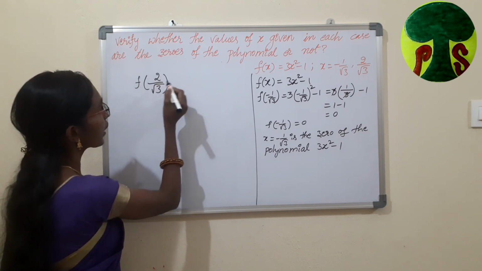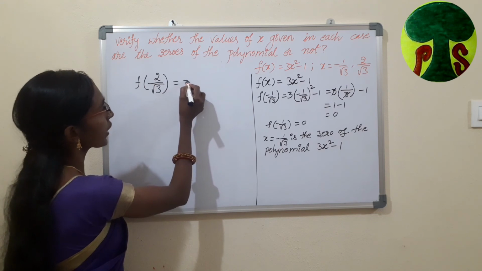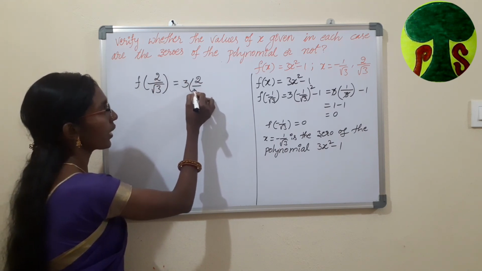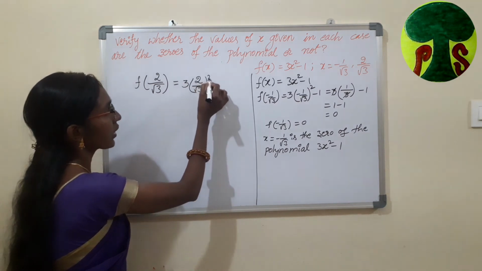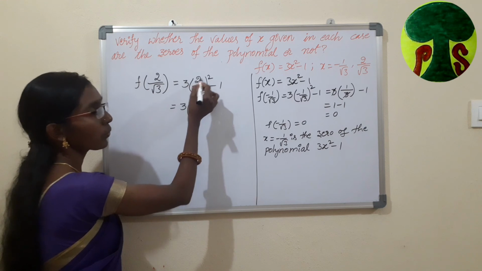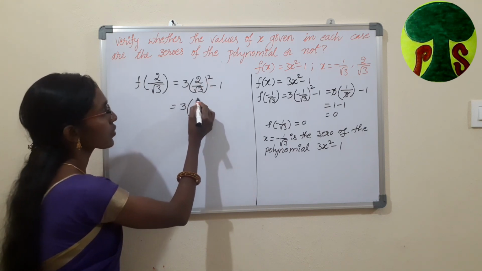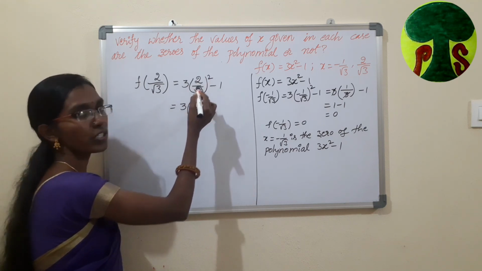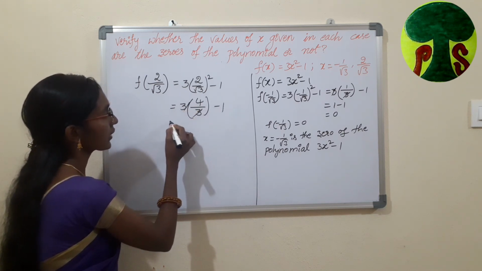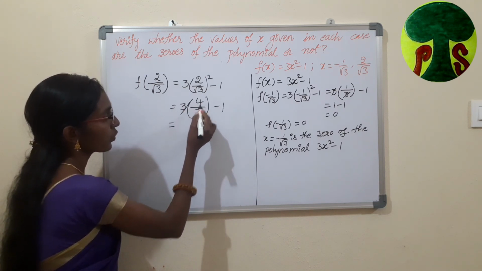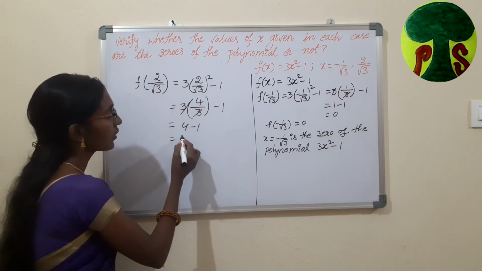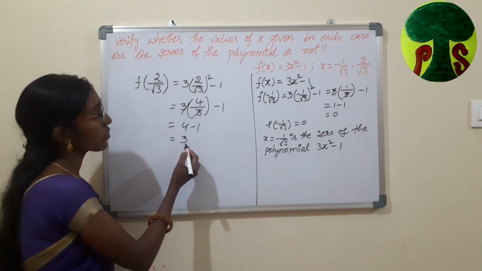F of 2 by root 3 is equal to 3 into, in the place of x we substitute 2 by root 3 whole square, minus 1, which equals 3 into 2 square, that is 4, by root 3 whole square, which is 3, minus 1. The 3 gets cancelled. We get 4 minus 1. 4 minus 1 equals 3. This is not equal to 0.